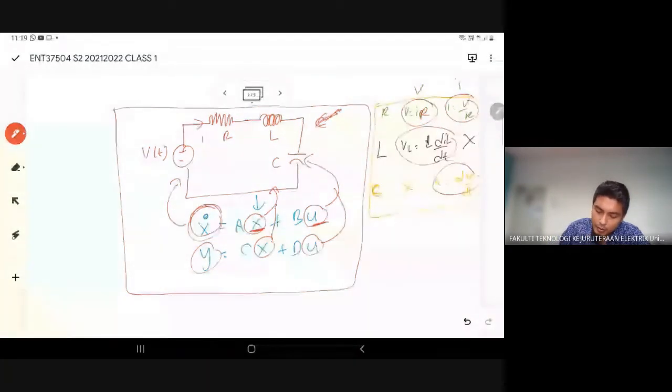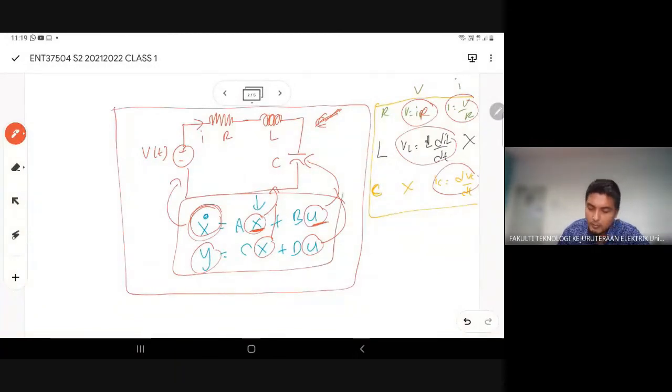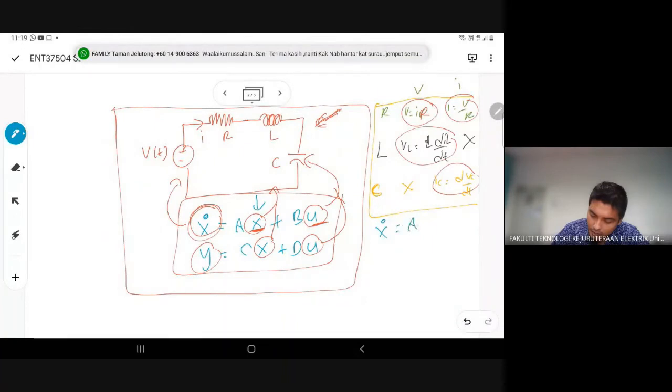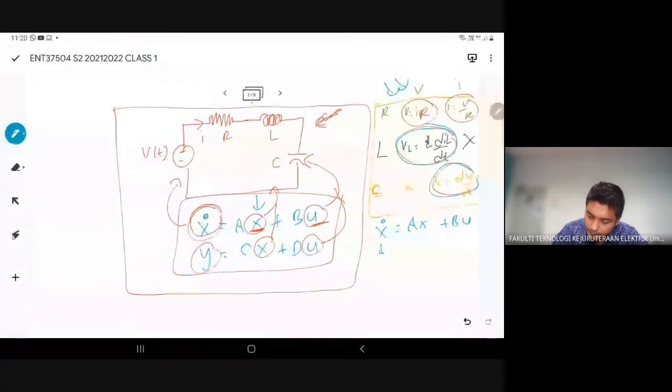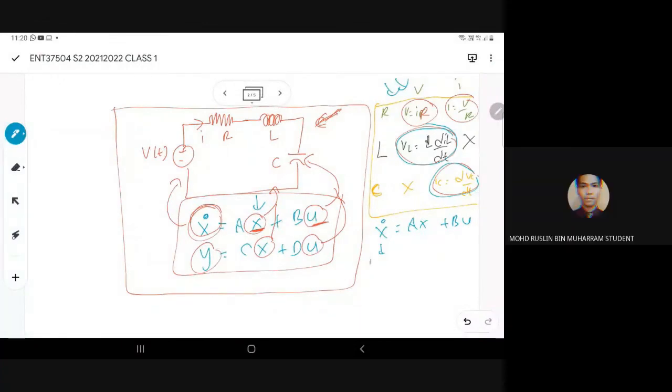Next, we compare to this state space form. The state space says that you have x dot equal to Ax plus Bu. According to the table that we construct, there are only 2 parameters that can be nominated as x dot. The first is dIL over dt.